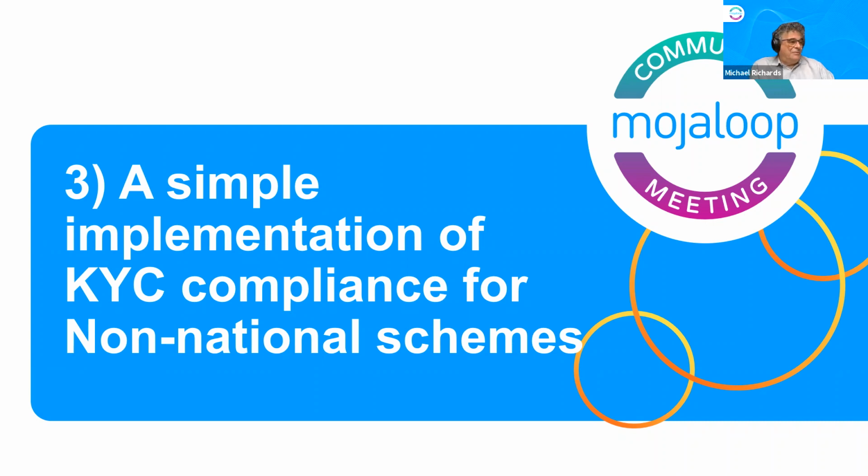Okay, so we have 2 things that we want to talk about here. The first is the matter of KYC compliance for non-national schemes. Now, when we think about Mojaloop, we very often think about national schemes run by central banks or governments or similar sorts of people. But as we know from the Mawali case, that's not always the case. In some cases, Mojaloop schemes can be run independently by groups of people who want to support it.